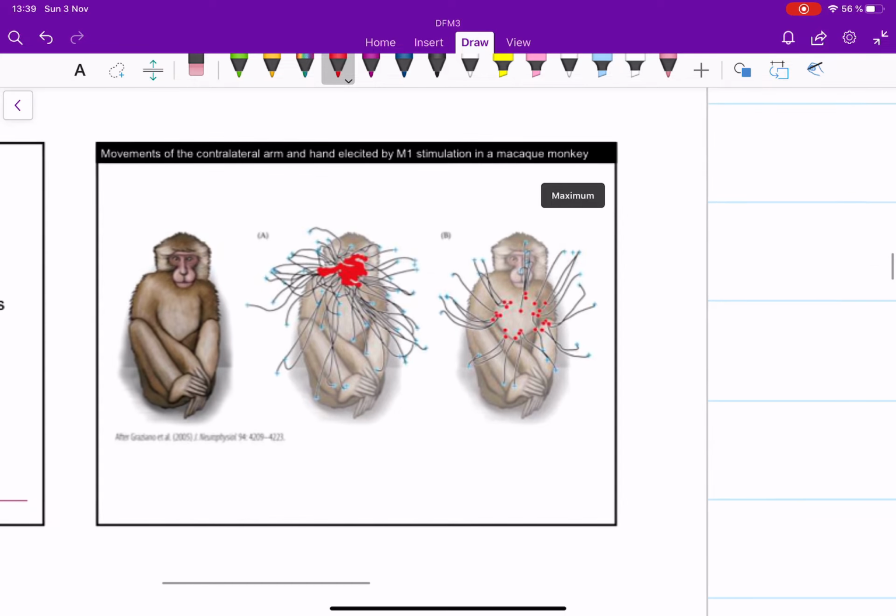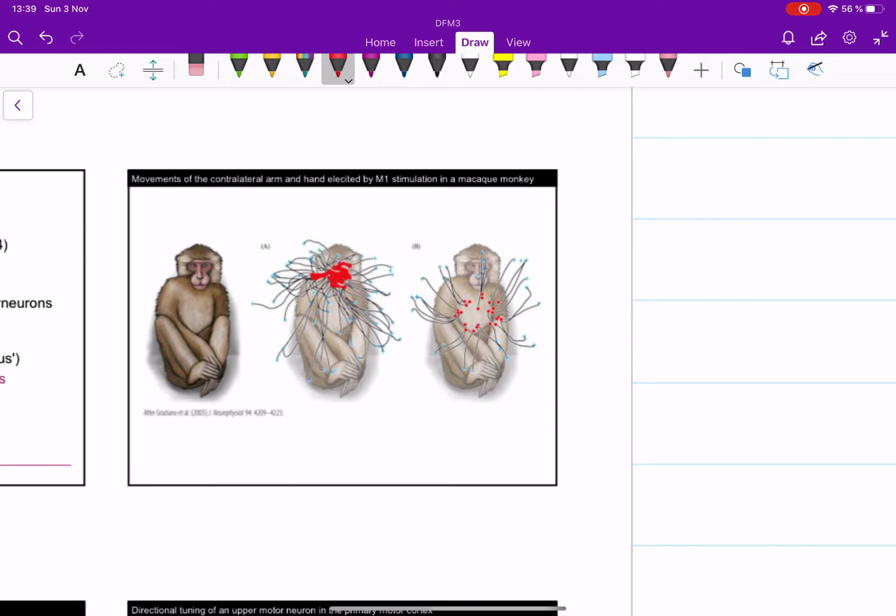Here, when we stimulate area M1, the primary motor cortex, on the monkey, the positive charge here initiates the beginning of the movement, and the red point indicates the end of the movement.